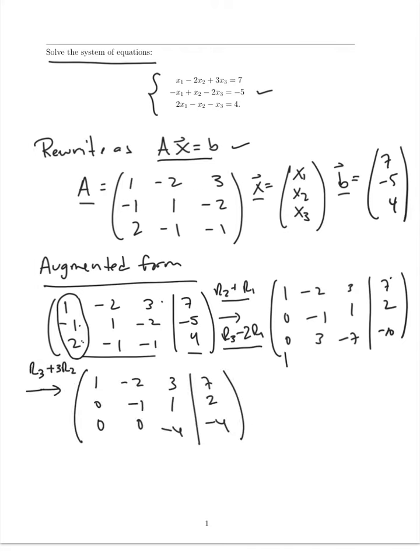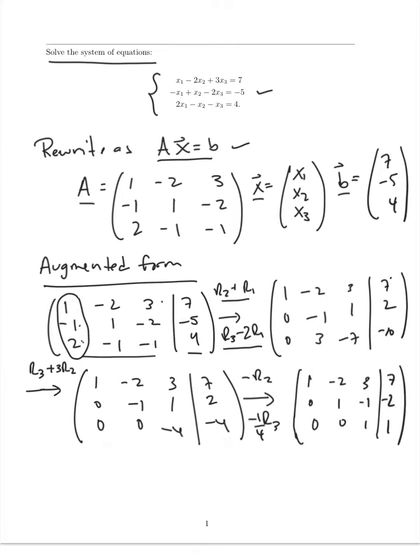Okay, I am now happy with the first column, so now I want to work on the second column. The first thing that I do is make this guy a 0, and I can do that by just taking row 3 plus 3 times row 2, which gives me this new augmented matrix. You can pause the video to make sure that you actually get that.